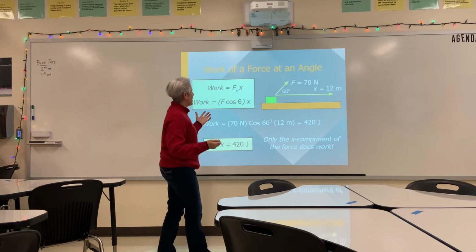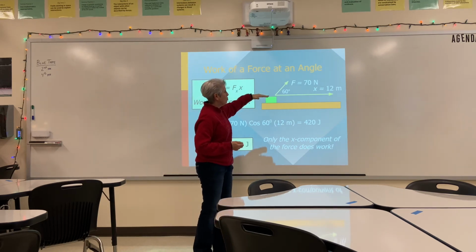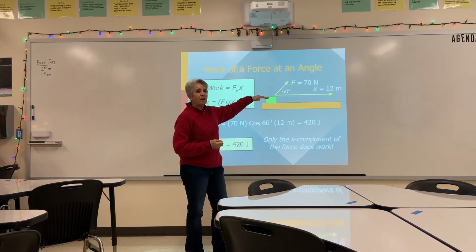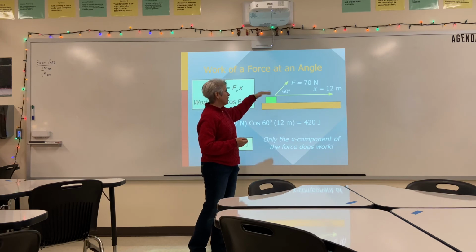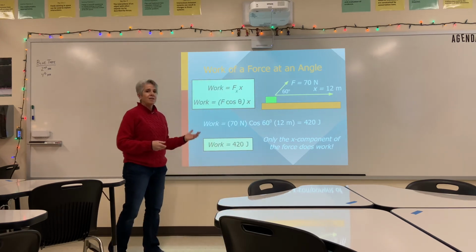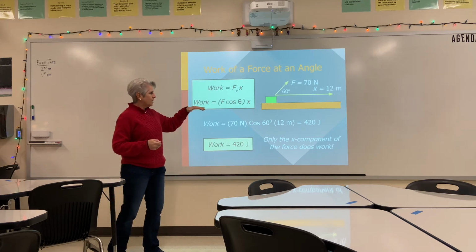If we draw a diagram for this, we could see that if the force is applied up at an angle, the horizontal component of that force lying along the x-axis would be the adjacent side of our triangle if we included x and y. And so we would use cosine to help find that piece of the force.